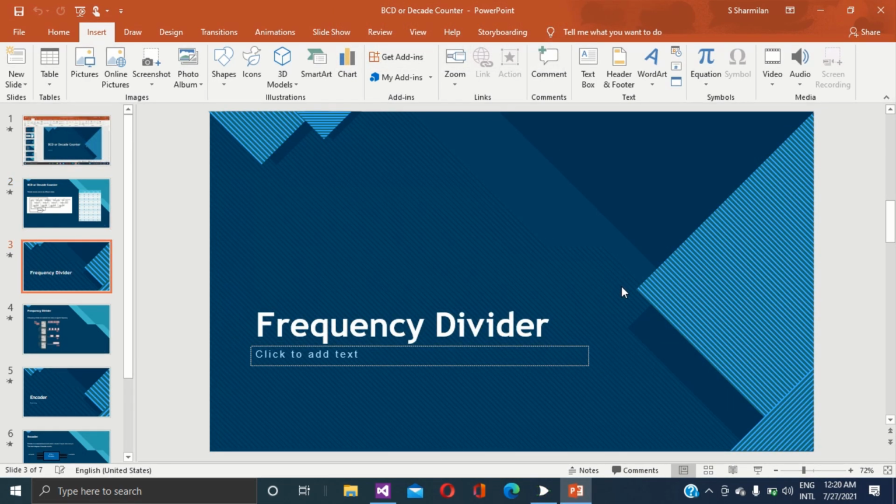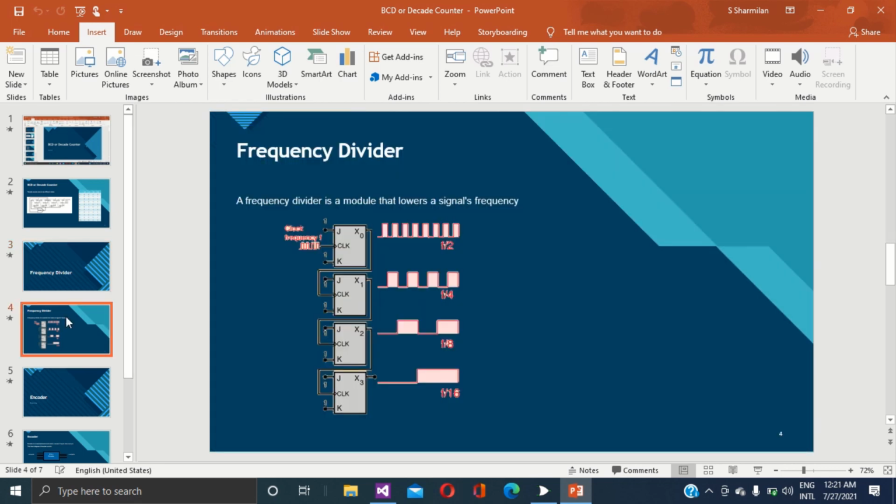Now we are discussing the frequency divider. The frequency divider is a module that lowers a signal frequency. The frequency of the clock pulses will be divided by 2 at the outputs, which is why it is called a frequency divider.